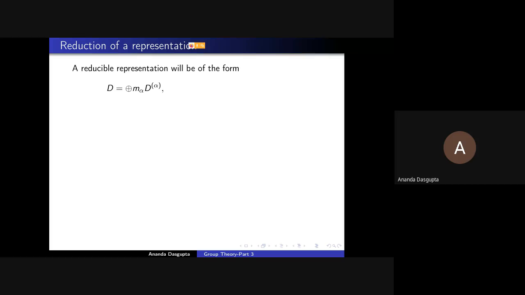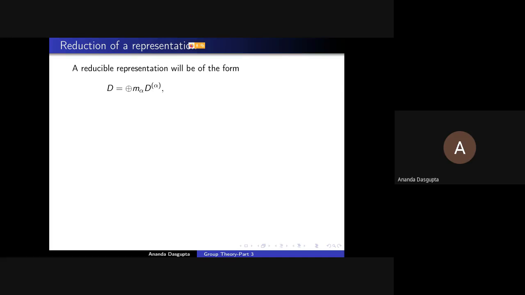Just to remind you, if your representation was built up by smaller representations, you started with the smaller representations and built them up, you will get a block diagonal form. And if you get a block diagonal form, then it is obvious how many times each irrep occurs. You can just see it from the diagonal blocks. However, as I said before, that would happen only if you chose the basis properly.